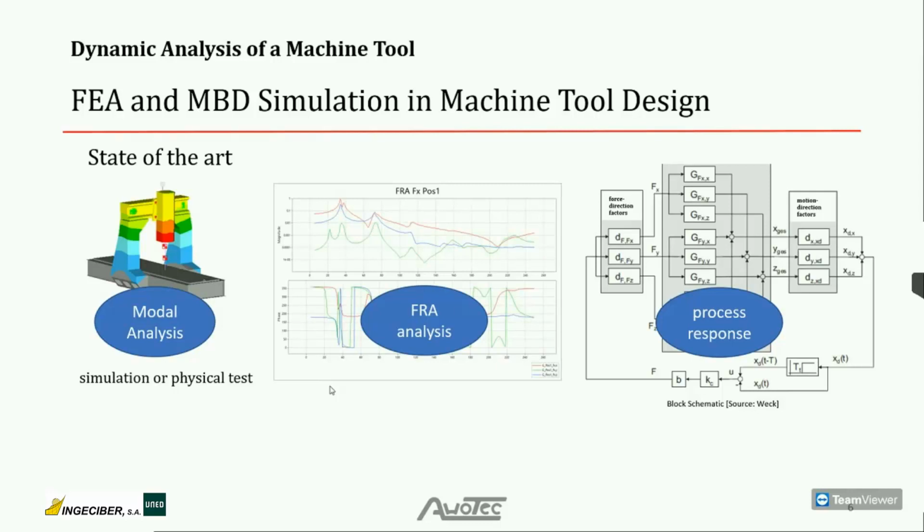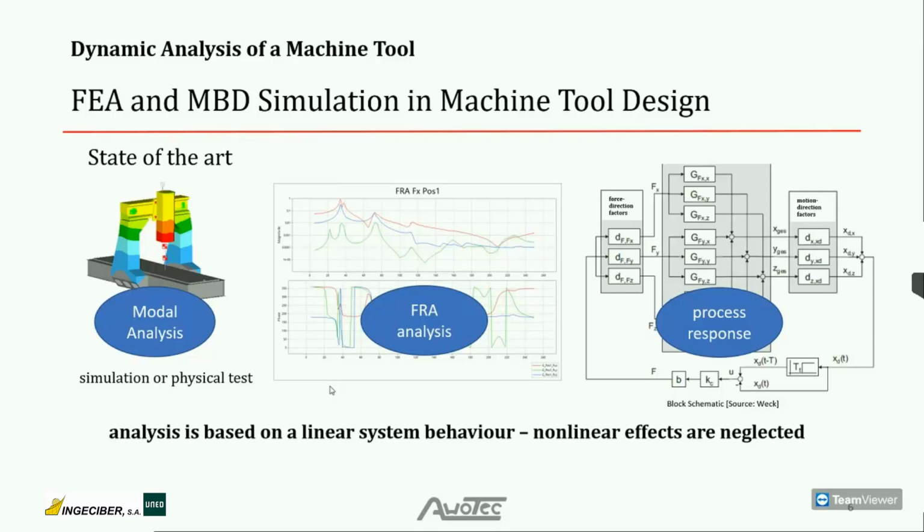As long as these factors are linear and can be included in one linear factor, this linear system can be used. The disadvantage is that all nonlinear effects have to be neglected. For many cases this might be sufficient, but as you will see later on, in some situations it is not, and then other methods have to be used.